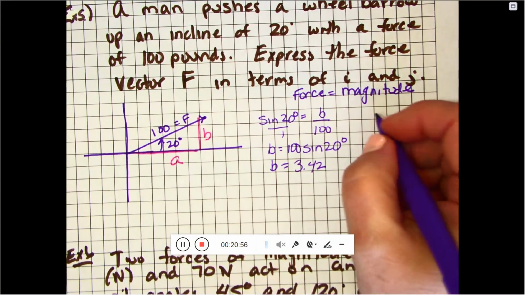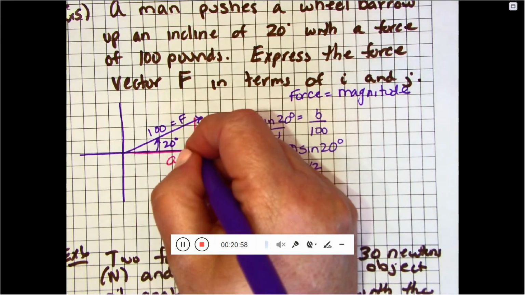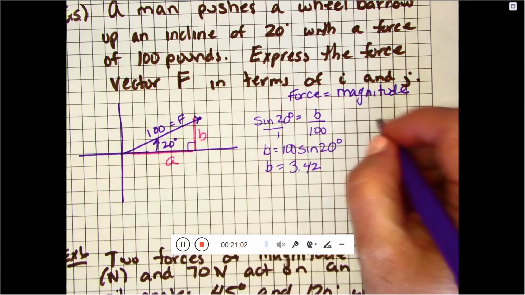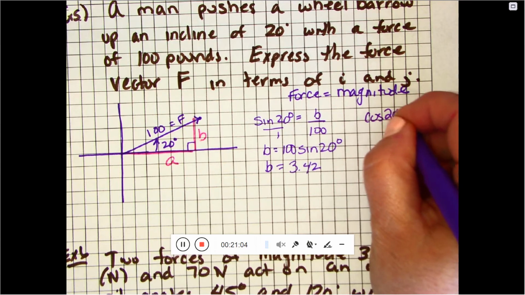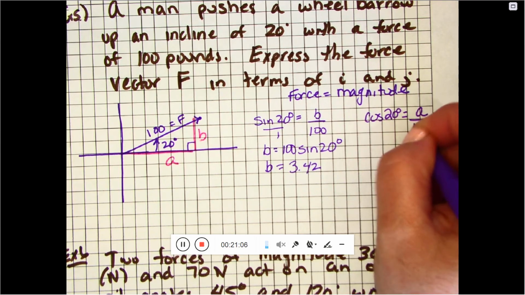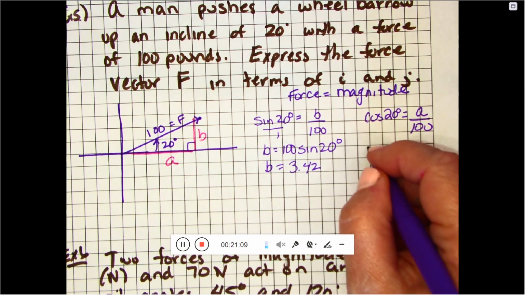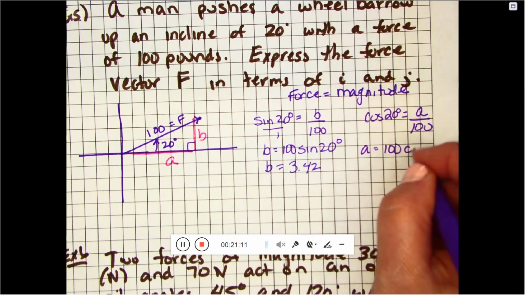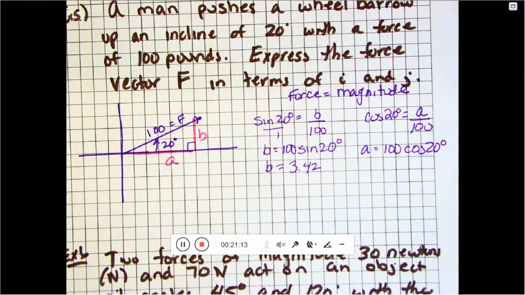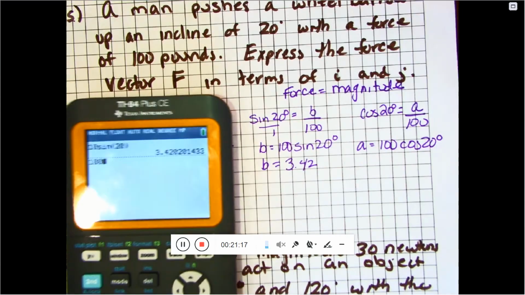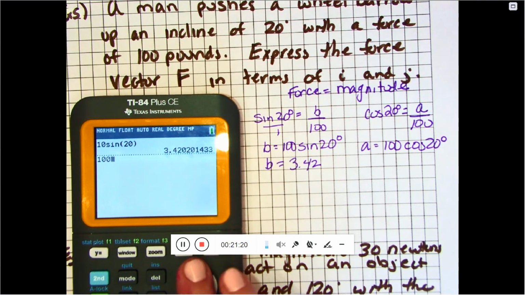Now we can also use trigonometry to find A. We can use cosine. We know that the cosine of 20 degrees is adjacent over hypotenuse. So cross multiplying, I get A is 100 times the cosine of 20. Oh, I did 10 up there.